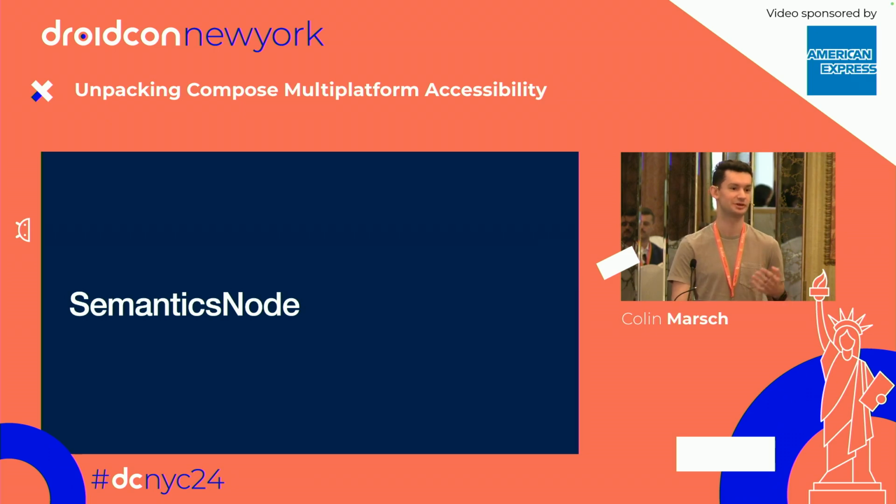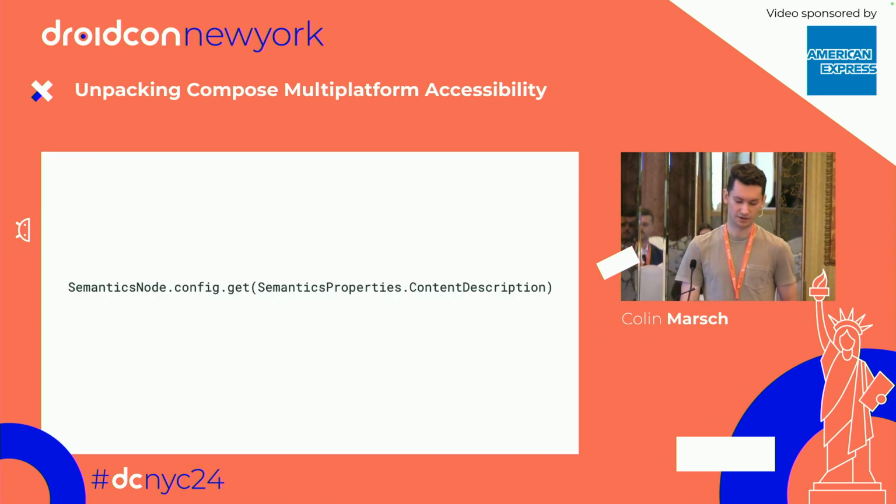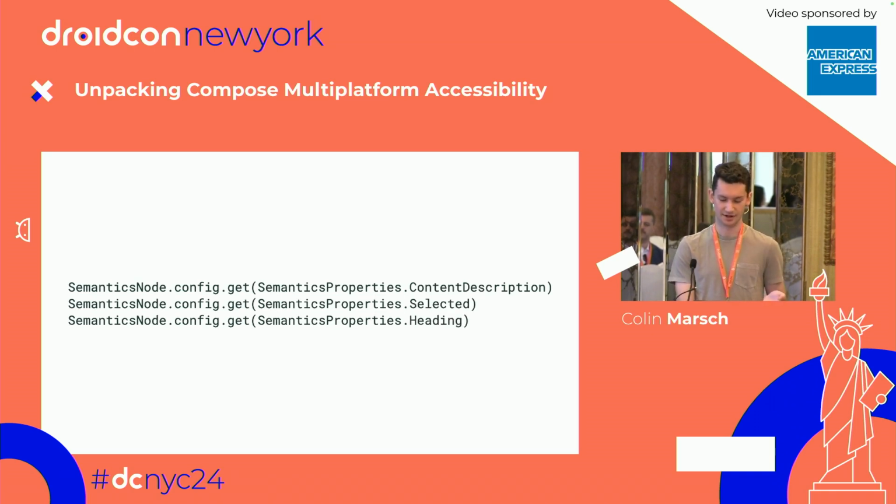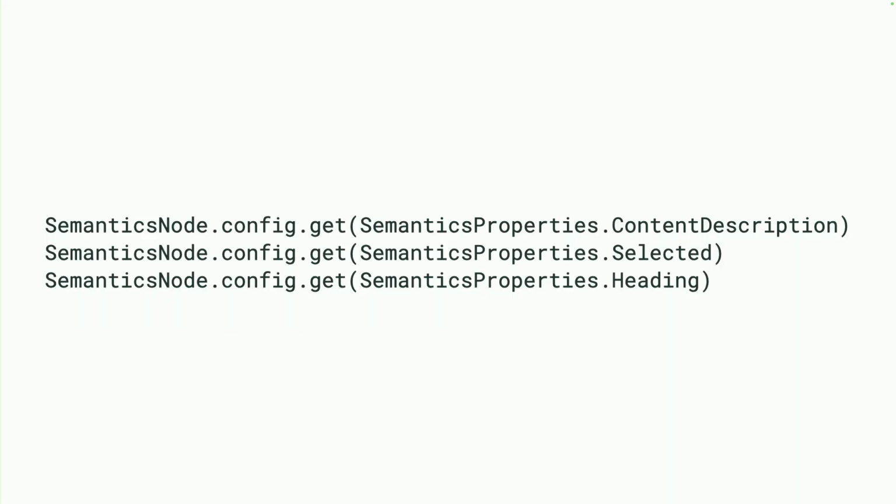So the SemanticsNode can be updated based on the state of the UI through the same mechanisms that update the UI of your application that is actually displayed on the screen through composables. This includes all the same properties that a screen reader might need, like the content description, the selection state, whether a UI element is a heading, and many other fields as well.